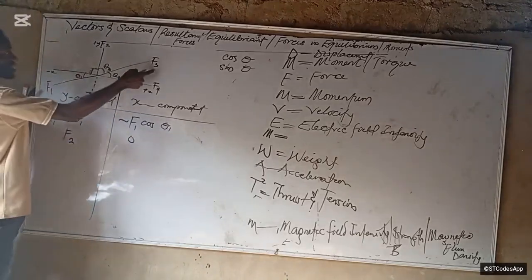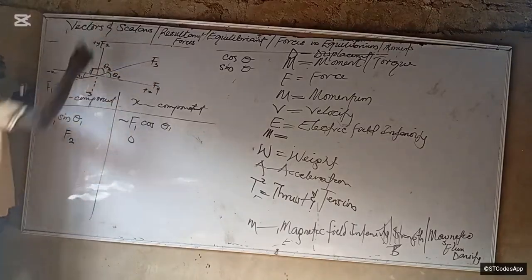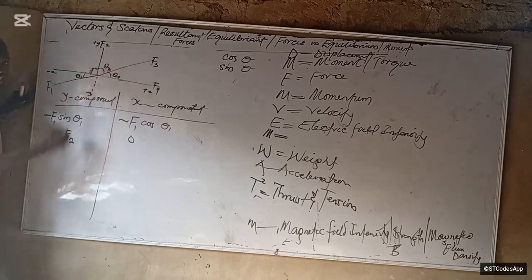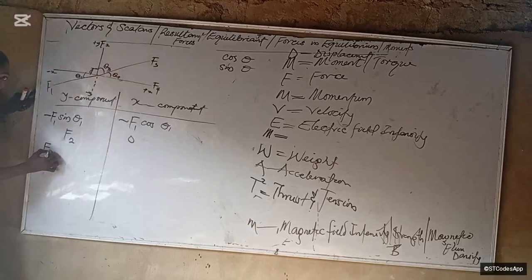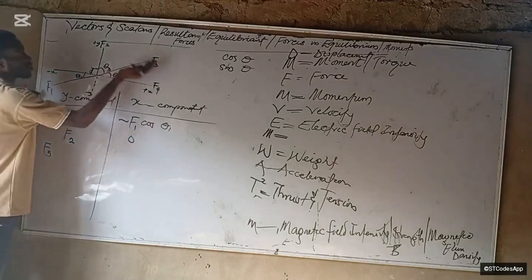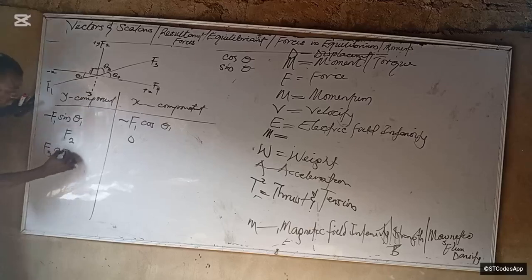Now the next force, F3. F3 to the y component will become positive now, right? Resolve F3 to the y component: cos which theta?